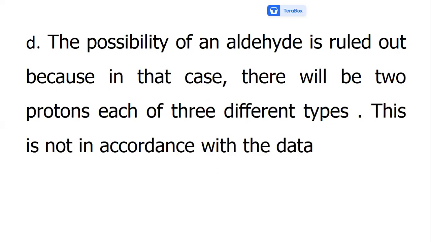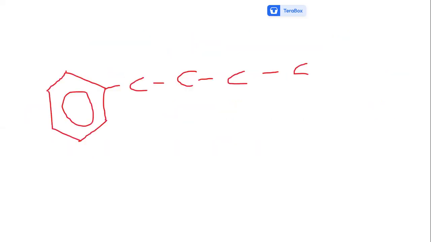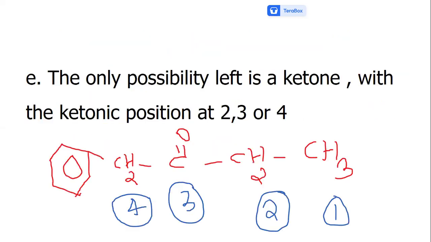The possibility of an aldehyde is ruled out because in that case there would be 2 protons each of 3 different types. This is not in accordance with the data. The only possibility left is a ketone with the ketonic position at 2, 3, or 4.